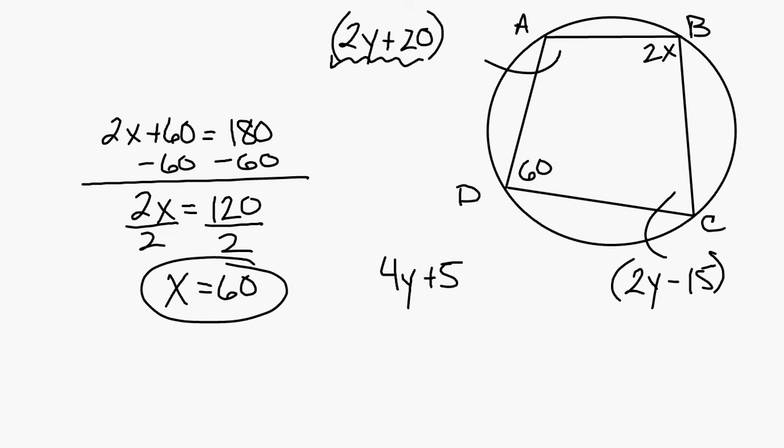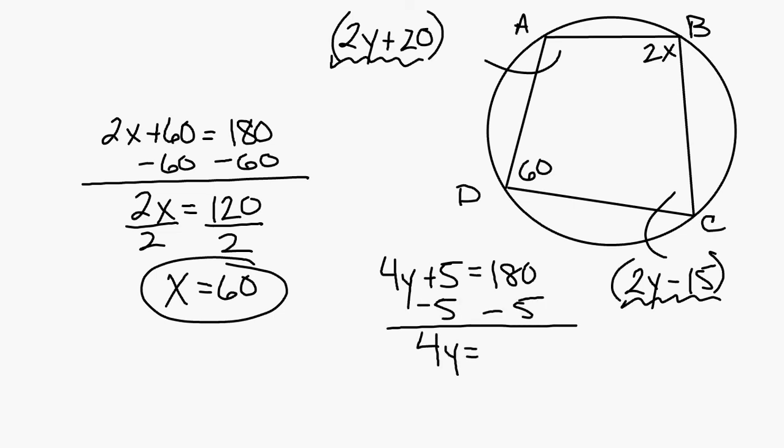So you can subtract 5 from each side, and your 4y equals 175, and you can divide by 4. So y would be equal to 43.75.